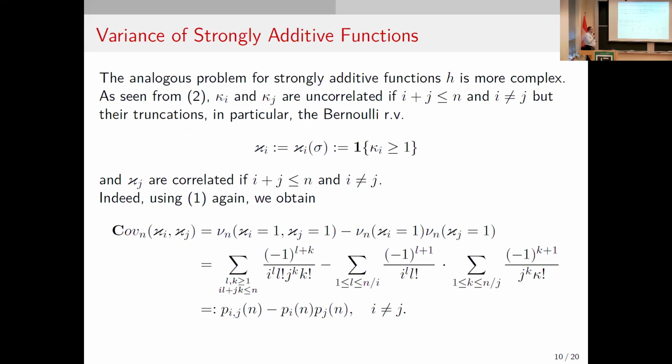Yeah, the same problem for strongly additive arithmetic functions is much more complex and much harder than for completely additive functions.